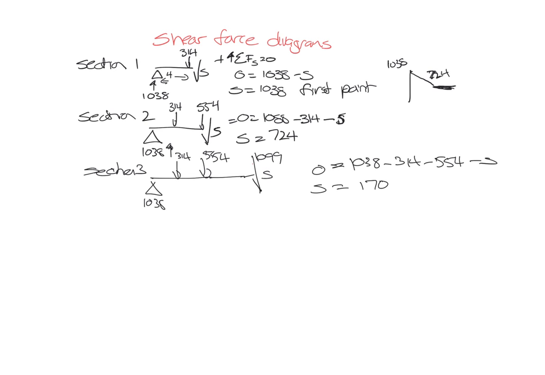Did I get that right? Yep. Sorry, let me just check my math here. 1038 minus 314 minus 554 equals 170. So it's going to come down to 170.